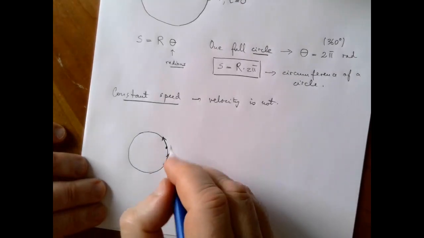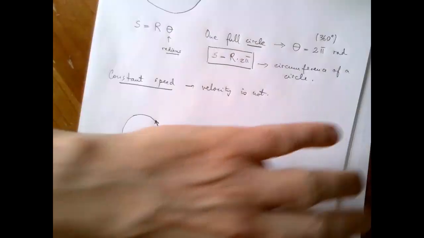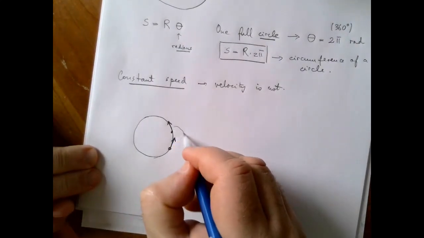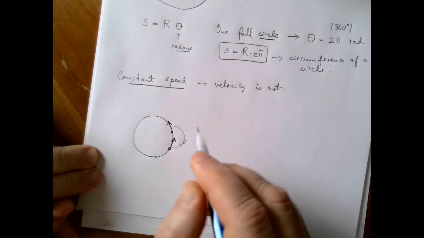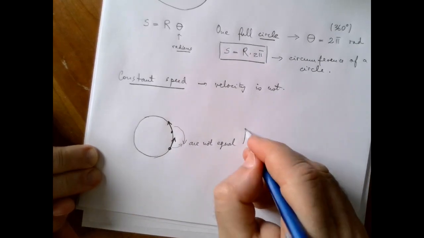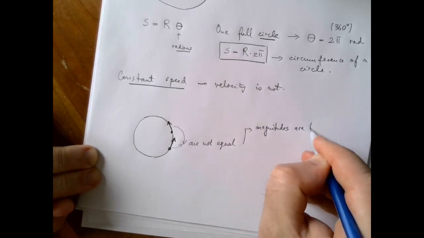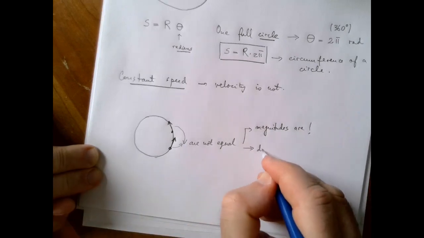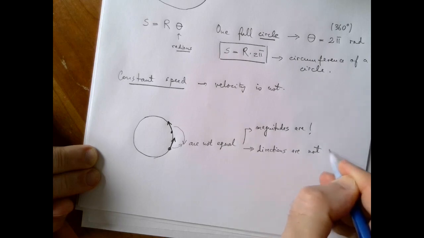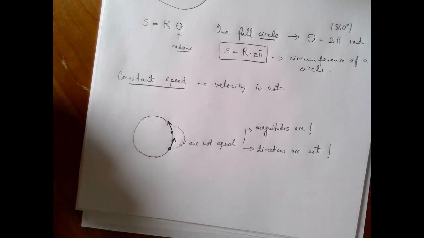So, although the speed has not changed, the direction of these vectors has changed. These two vectors are not equal. Their magnitudes are, but their directions are not. Two vectors are equal only if their magnitudes and their directions are the same.